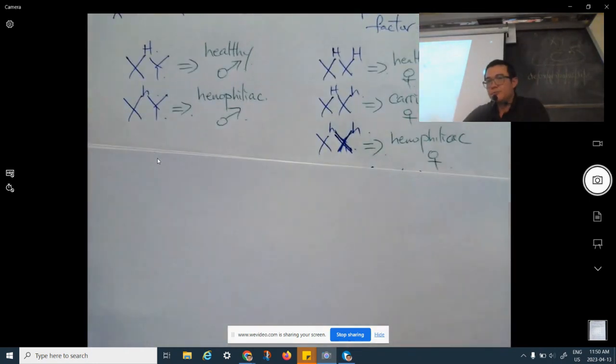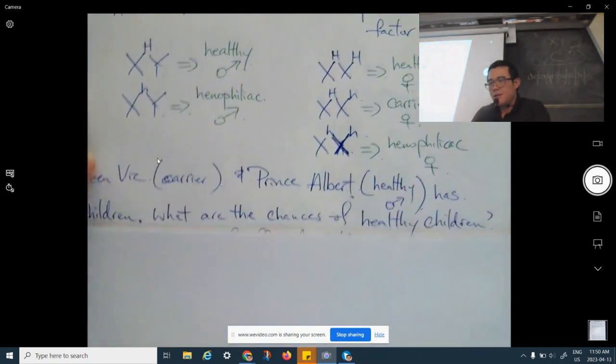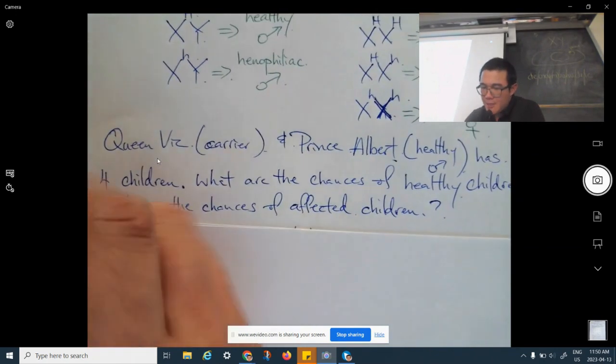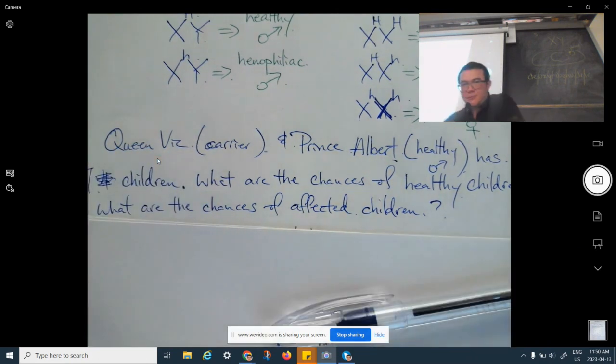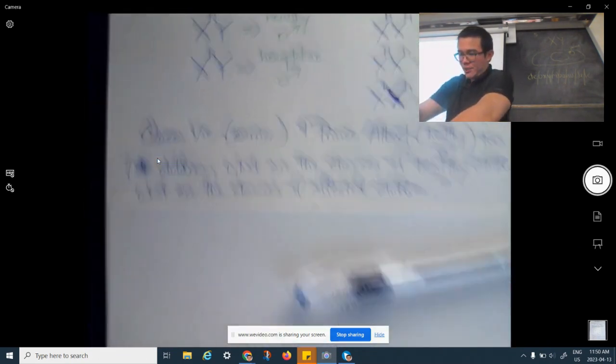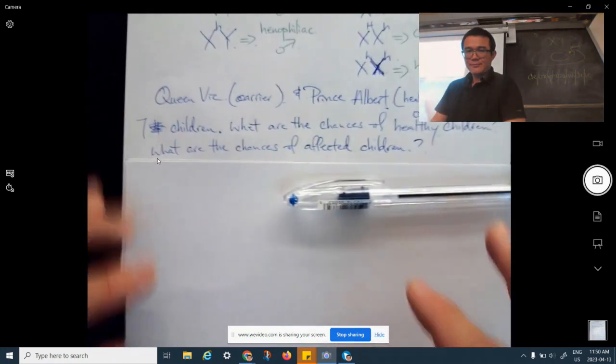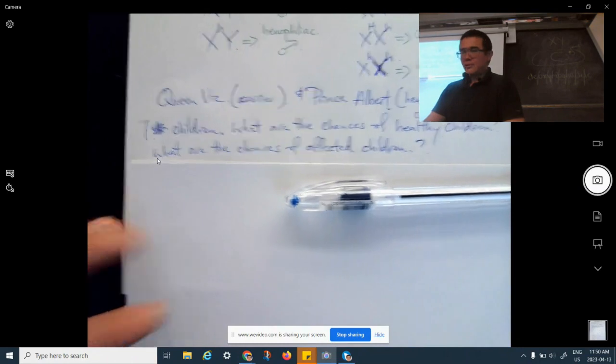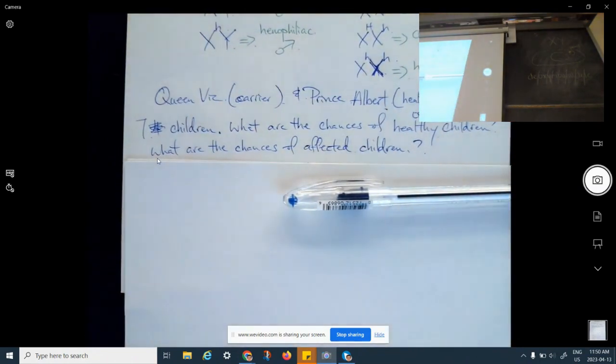All right, let's say we have this situation, and since we counted her offspring, she had 7 children. My goodness. Well, it was the 1800s, so it's a different scenario.